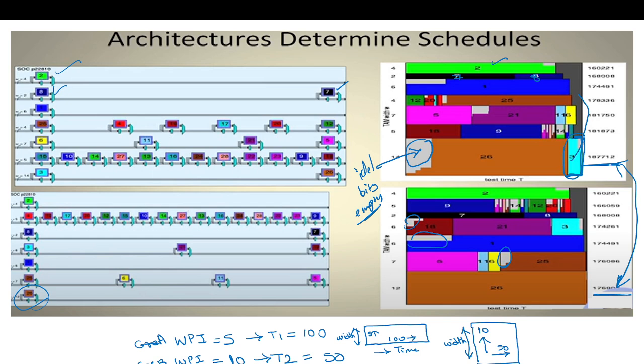So we have so many idle bits, which surely increases the tester memory, and test time is also increasing. Whereas with a little efficiency, we have reduced the idle bits. This complete part is removed, and this 3 was taking extra time. We have moved it to some other scan line.